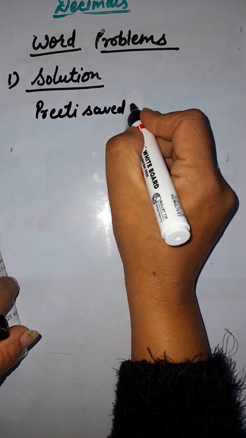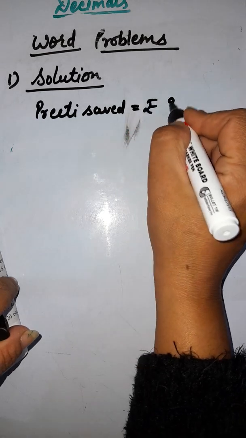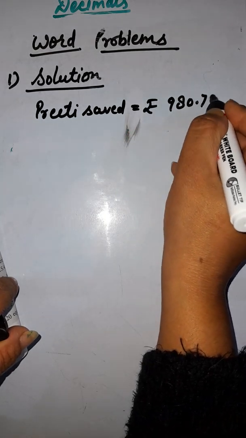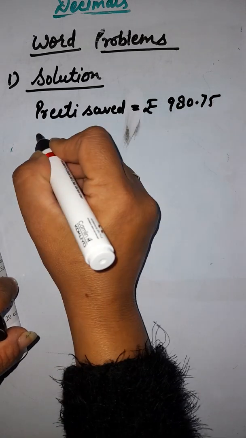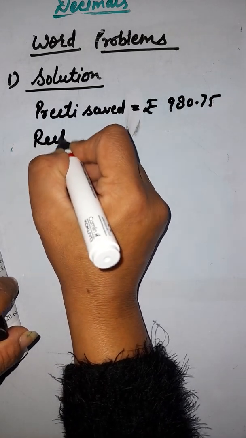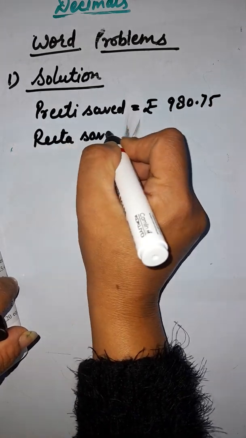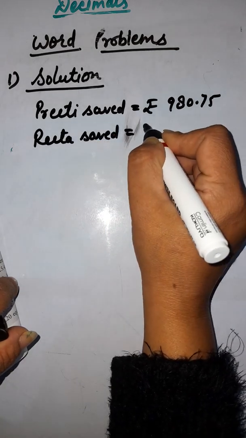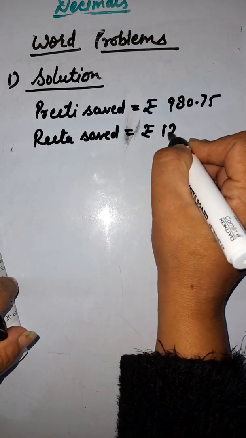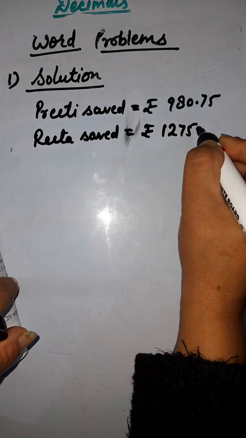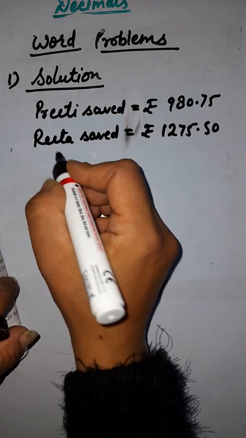Preeti saved is equal to rupees 980 and 75 paise. Rita saved is equal to rupees 1275 and 50 paise.